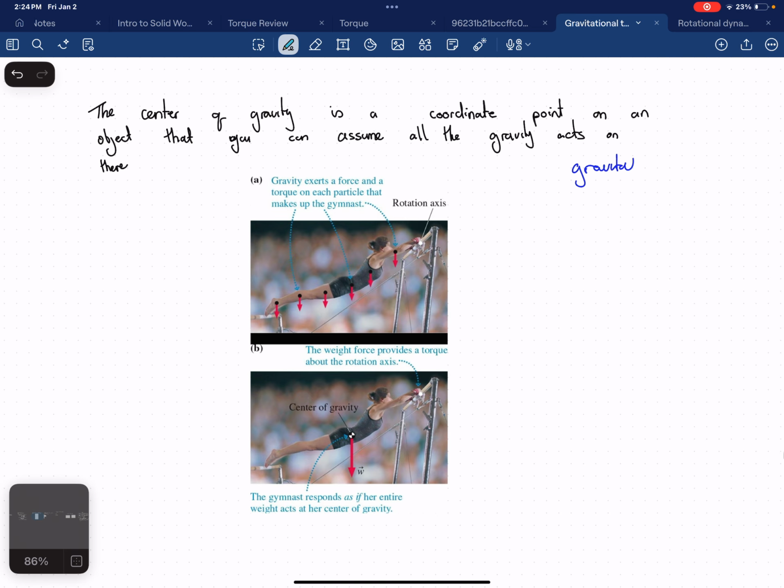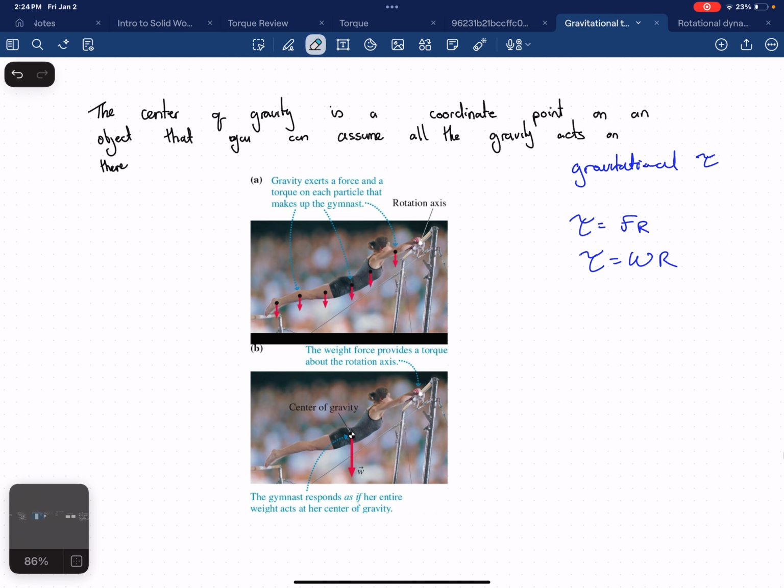So we know our regular torque is F times r. In our case, gravitational torque is just going to be weight times r. So that's the gravitational torque we're referring to. To calculate it, we can use the premise of the center of gravity coordinate.